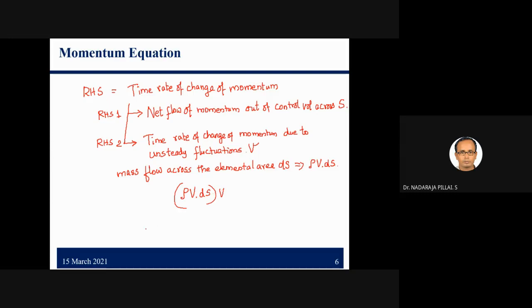So if we want to calculate the net flow, RHS1, I can write this equation as the double integral over S of rho V dS into V. So this is the net flow of momentum out of the control volume across S.